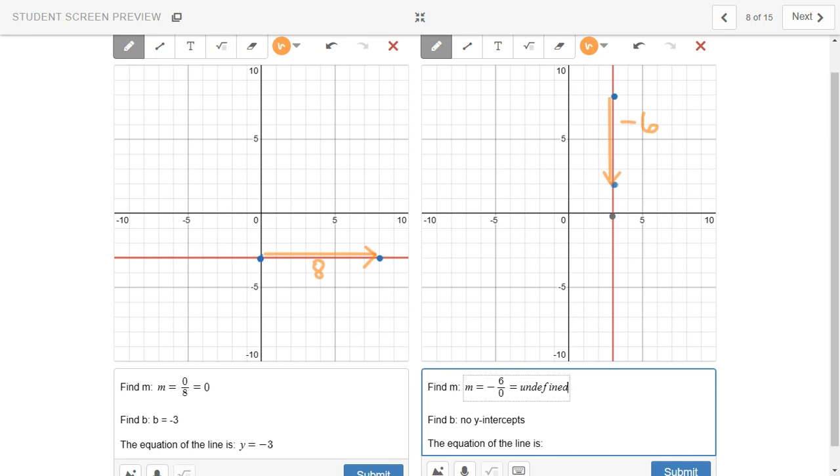The only thing is that all x values are going to be equal to 3. And so our equation, x is equal to 3. And I got the 3 because I know that this passes the x-axis at 3. And for every value of y, we're also going to have 3.